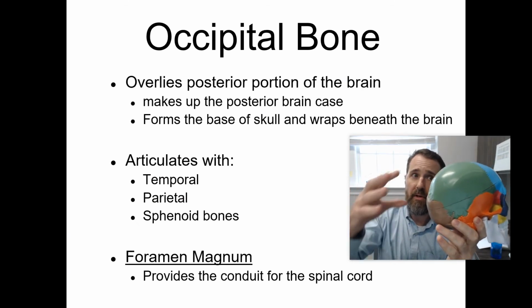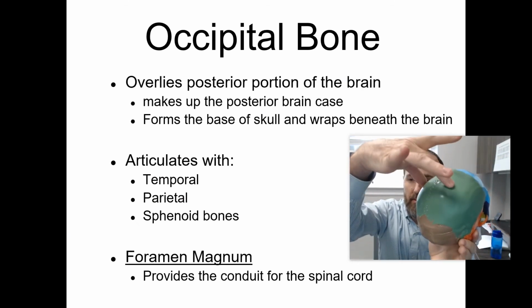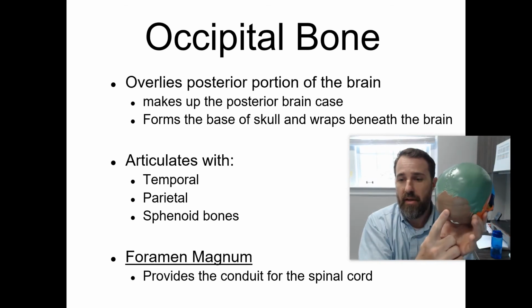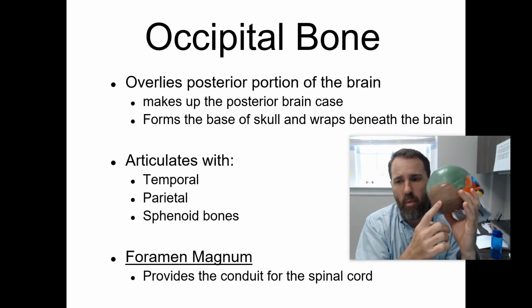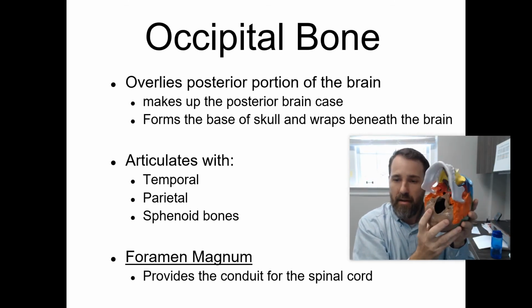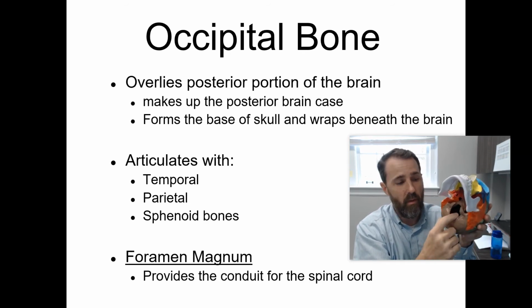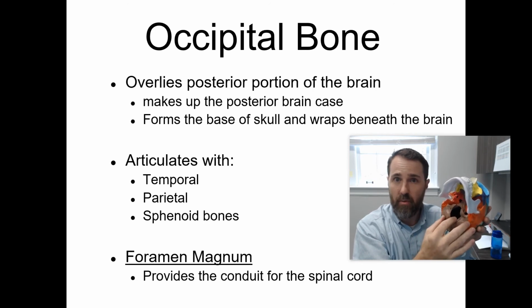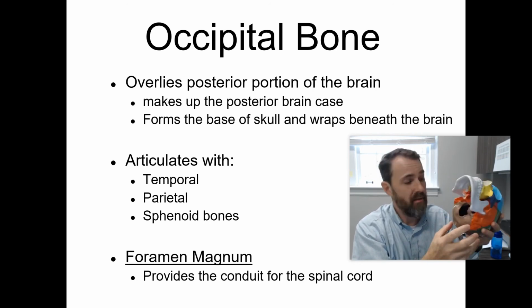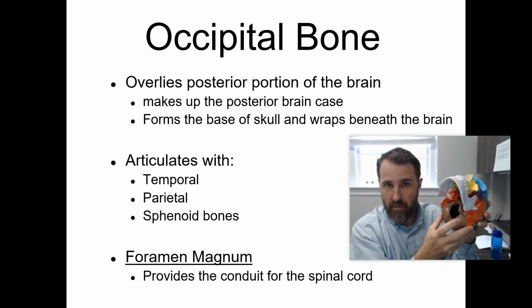And posterior to the parietal bones, you have the occipital bone, which we've already identified as having the foramen magnum, which is the hole through which your spinal cord exits the skull.